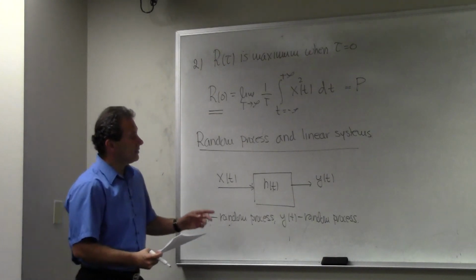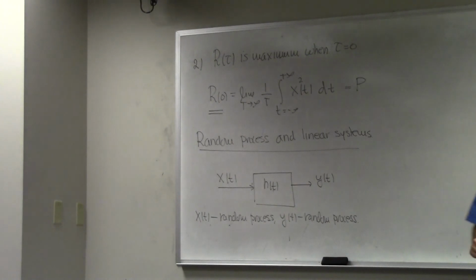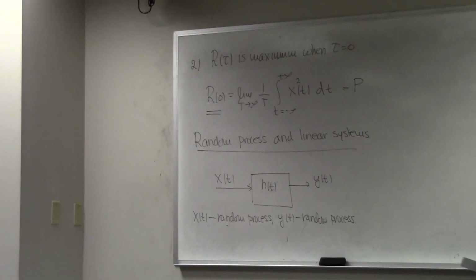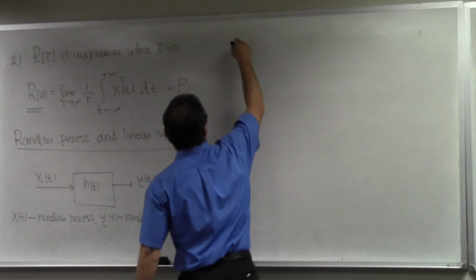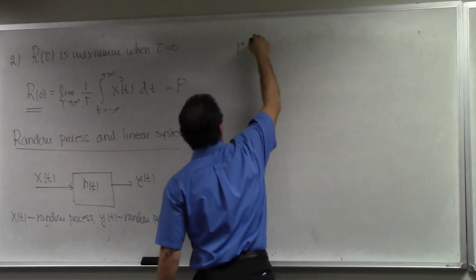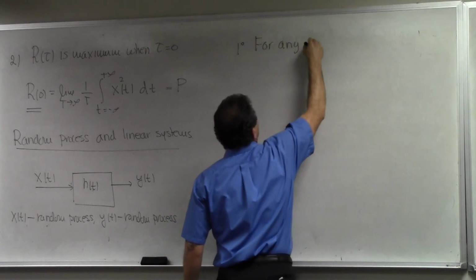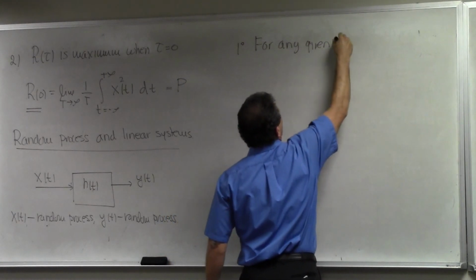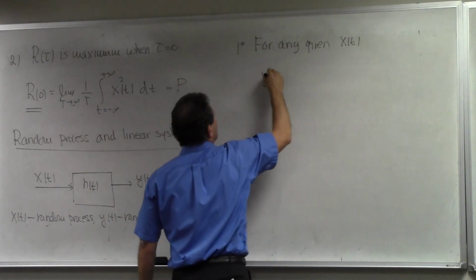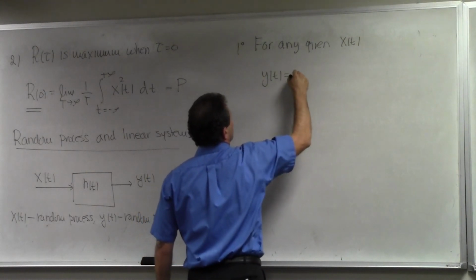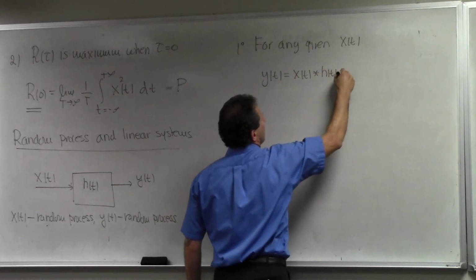Now, for any given realization of x of t, I can always determine y of t, right? So we know that from linear system theory. So for any given x of t, y of t is equal to x of t convolved with h of t. And you know how you calculate it.